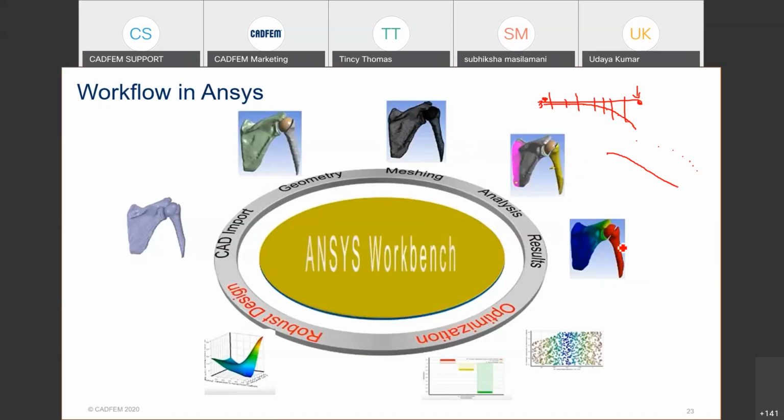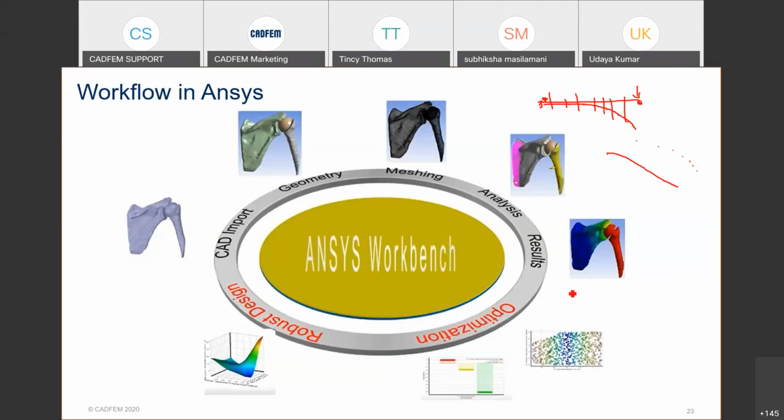You will be able to see how it's actually deforming, what will be the force and moment being created, what will be the contact pressure, where, all those kinds of results you will get. Then if you want to optimize your implants, there are also steps for optimization. You'll be able to see which parameters are causing your output.